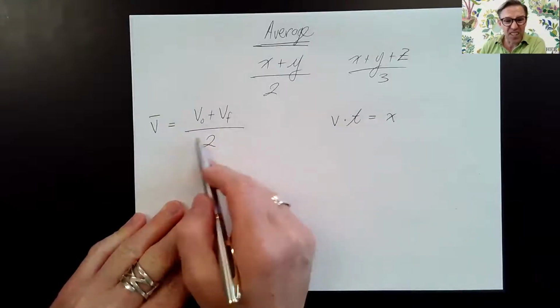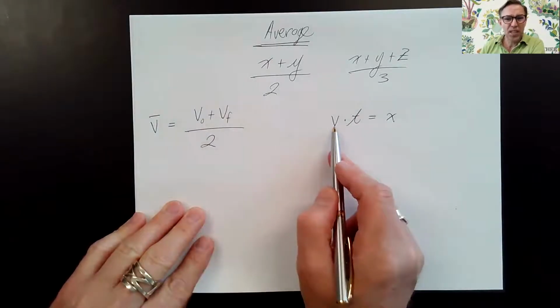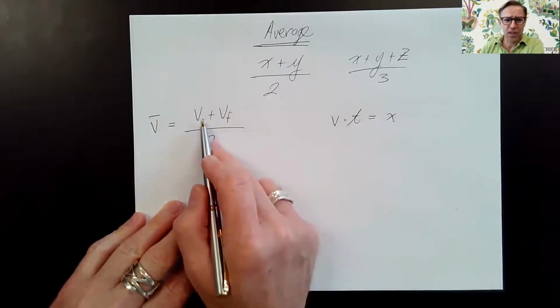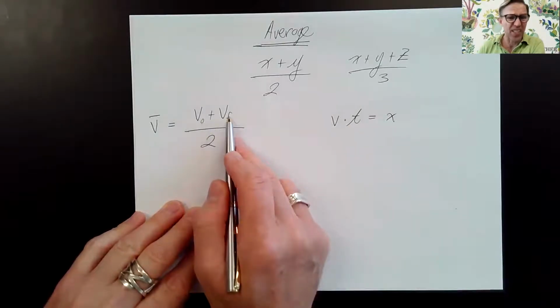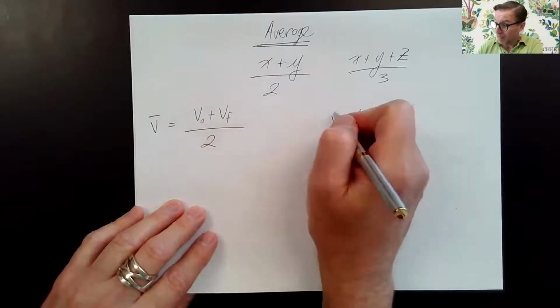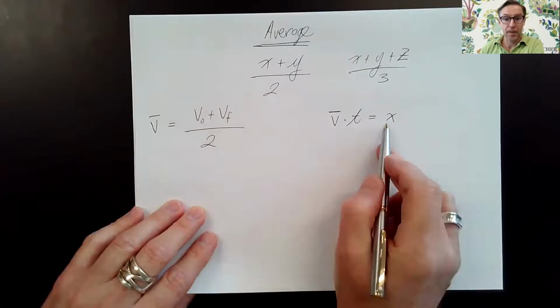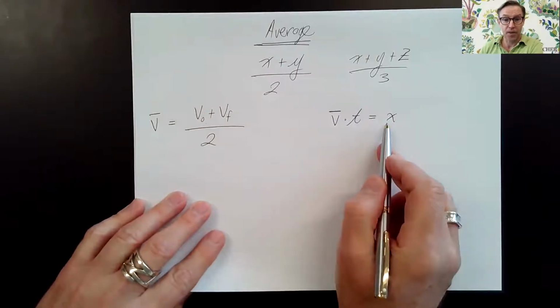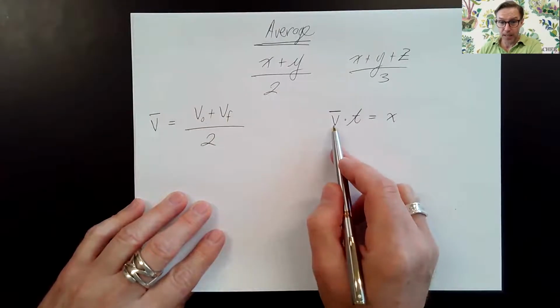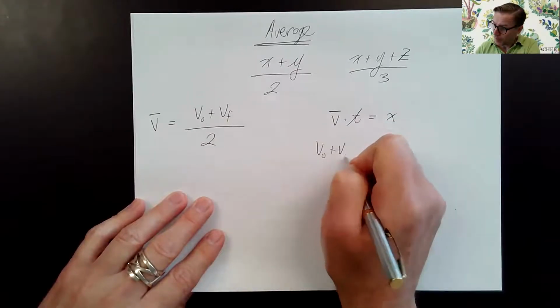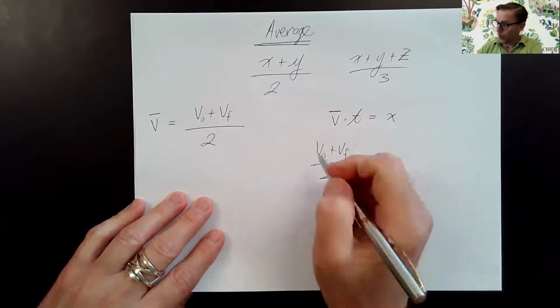If I'm not traveling at a constant velocity, which of these velocities would I multiply by time to get distance? The initial velocity or the final velocity? Well, actually, I would multiply the average velocity by time to get distance traveled. So instead of average velocity, I'm going to write (v initial plus v final) over 2.